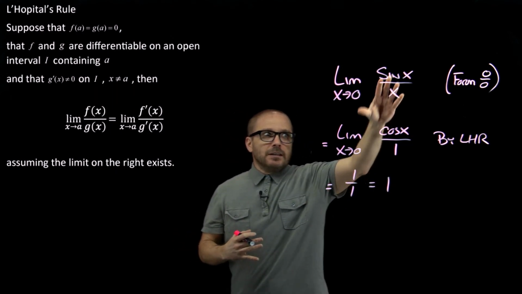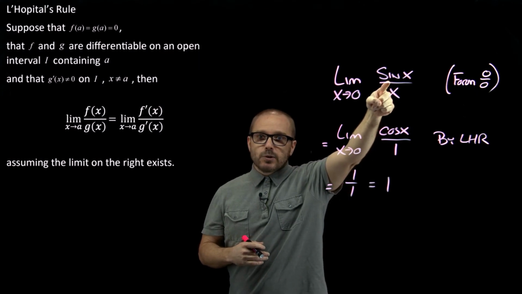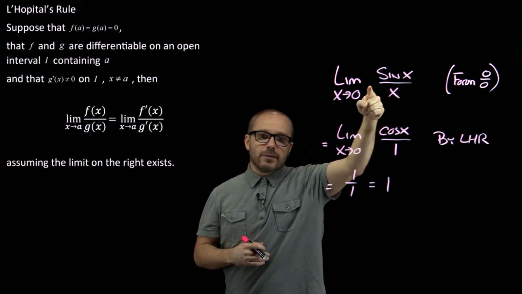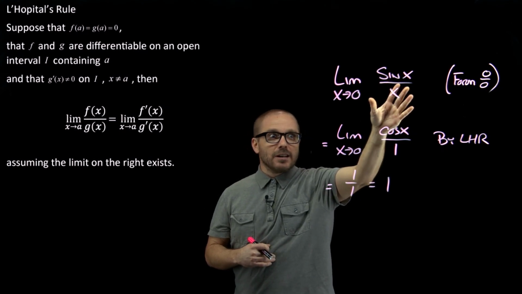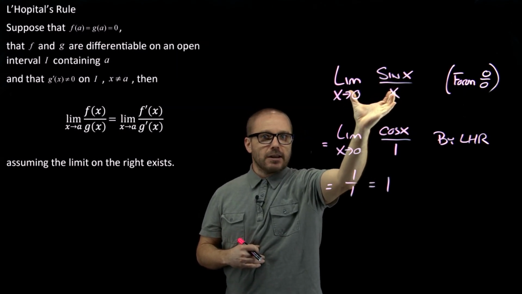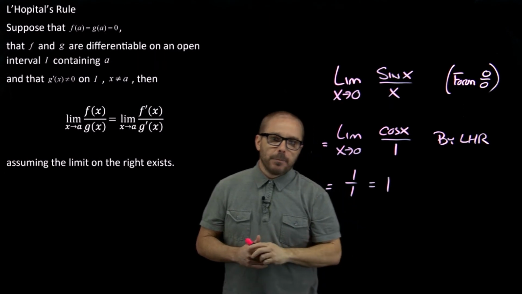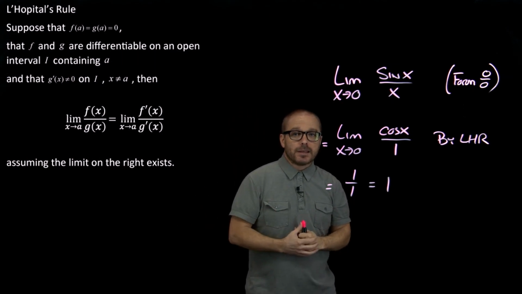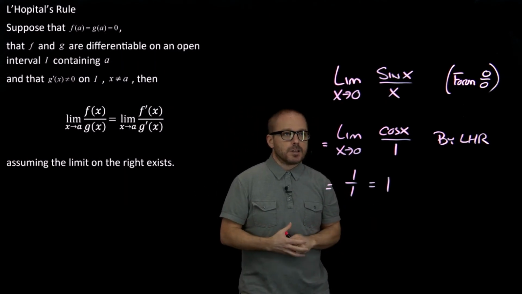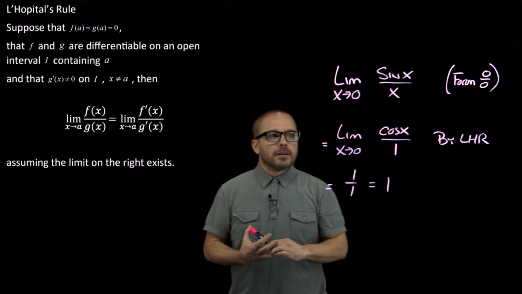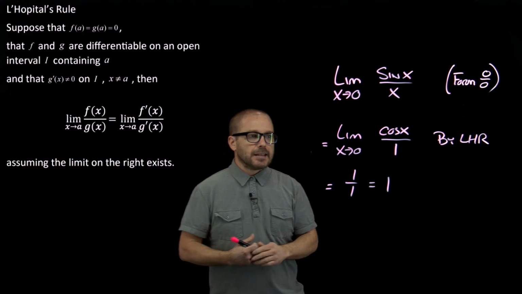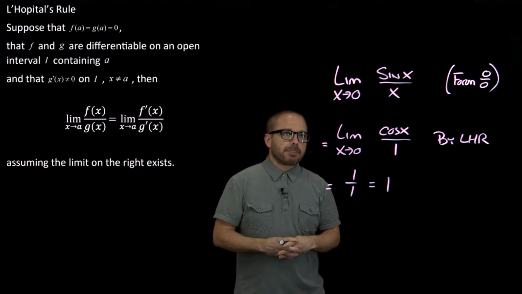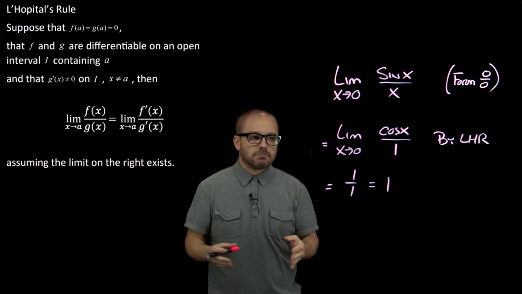Well, to do L'Hopital's rule, you have to take the derivative of sine. So you can't use the derivative of sine to try and derive the derivative of sine. So we were stuck. We really did have to figure this out geometrically to even get to the point of knowing that the derivative of sine is cosine. Even though we already knew this limit from Calc 1, I think it's a nice first example.